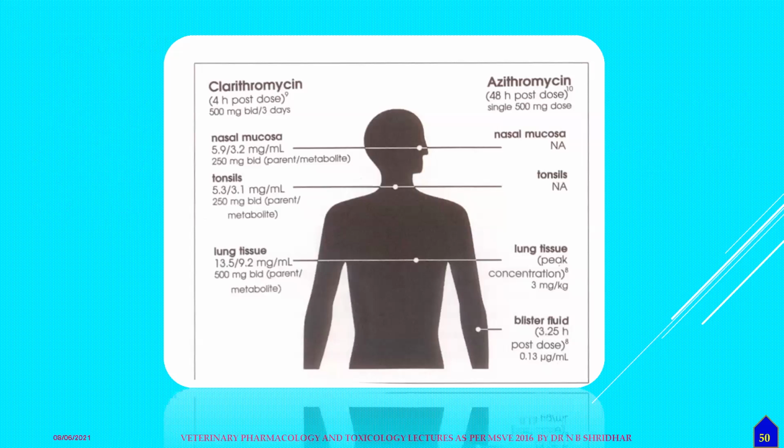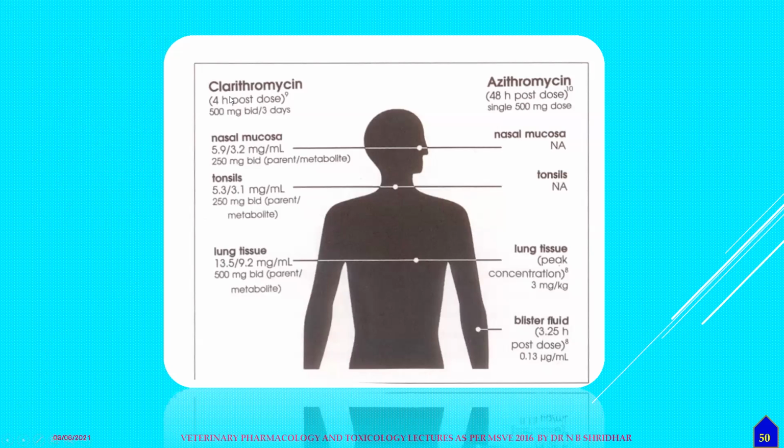So these are the different concentrations of the different drugs, especially clarithromycin, azithromycin, etc. The highest concentration of these drugs will come in the lungs. Of course, this is a very good choice of antibiotic. Maybe we start with erythromycin.